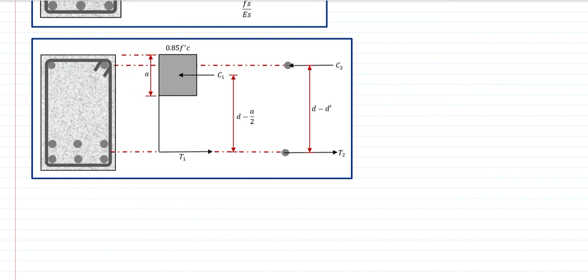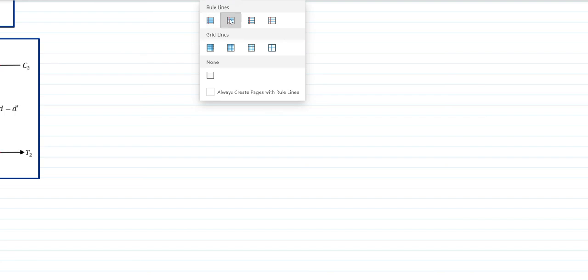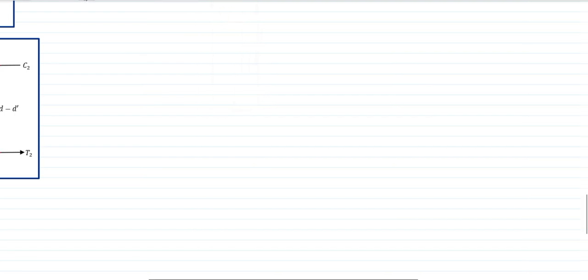Since Mu is given and we have Mn1 from earlier, Mn is equal to Mn1 plus Mn2, and what we require is Mn2.